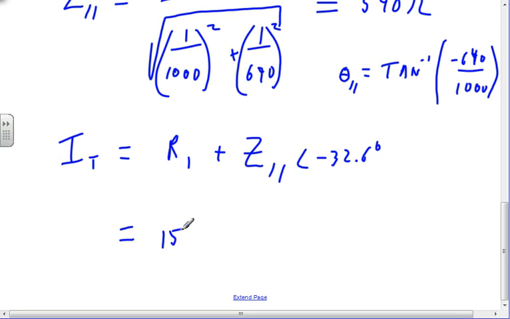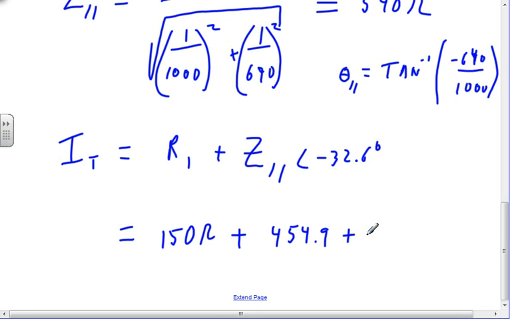Okay, now I've got 150 ohms plus the real component of this, which is the cosine. So 540 times the cosine of minus 32.6 degrees equals 454.9.